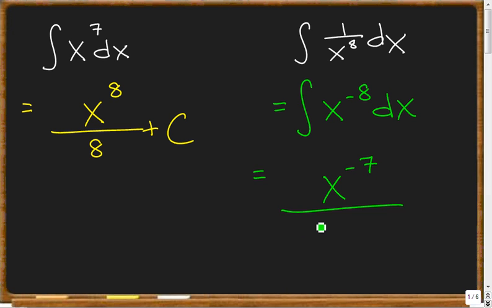And then we divide by that same number. So that's it, plus c. For those basic ones, if you have a negative exponent, just make sure that you're adding correctly.